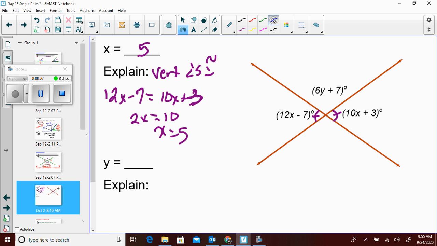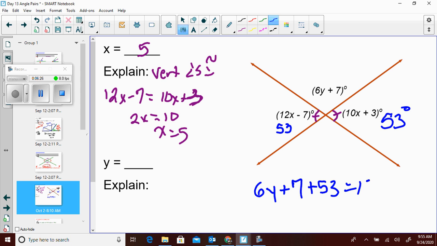Now let's find y. Well, if x is 5, that's 53. Correct? Yep, you can check it in here too. 60 minus 7 is 53. Well, 6y plus 7 plus 53 is 180 because I have here and here, linear pairs.